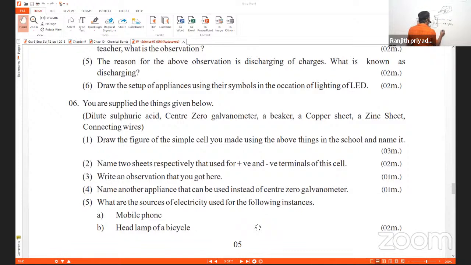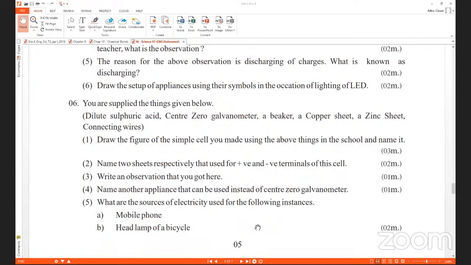Second observation, the zinc rod is dissolving. Another observation you can see: evolving of a gas near the copper sheet.